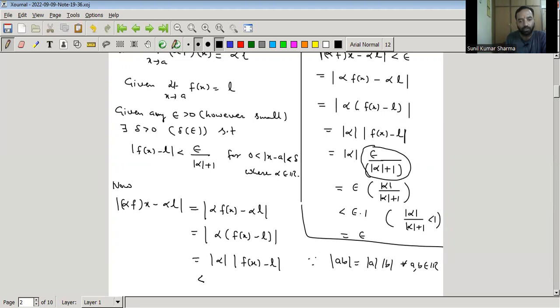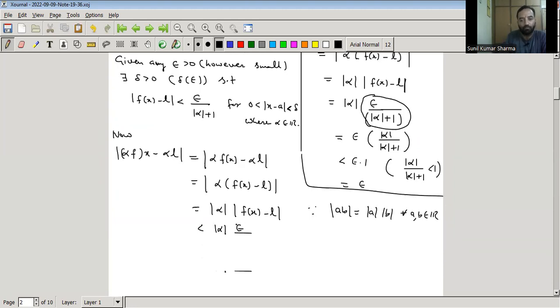So now this is less than epsilon upon mod alpha plus 1 for 0 less than mod x minus a less than delta.